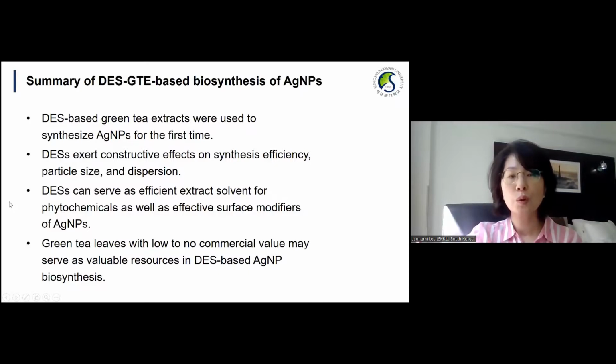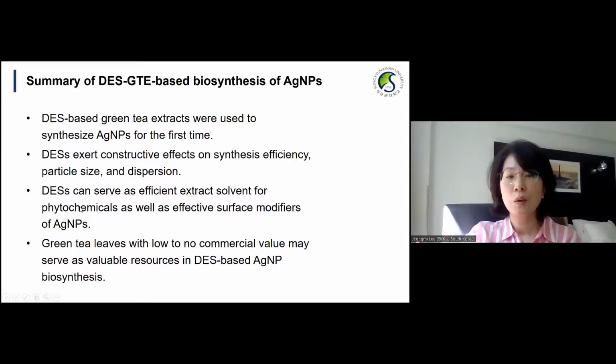We are also suggesting that DESs can serve as efficient extraction solvents for phytochemicals from green tea powders, and also as effective surface modifiers of the silver nanoparticles themselves. So they have dual roles in this method.